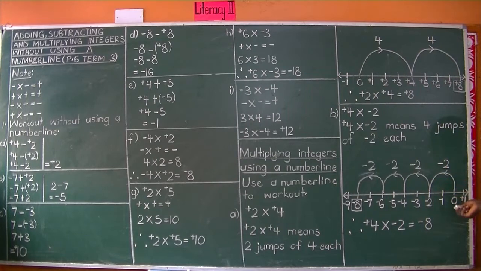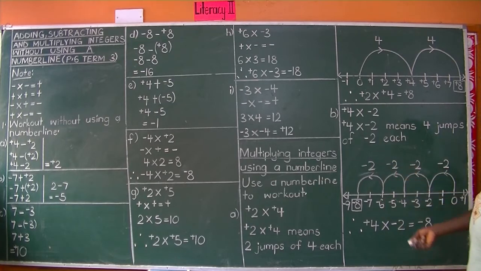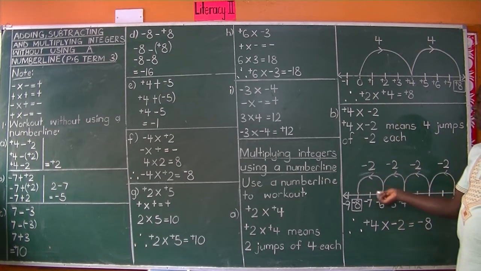Show the arrow of movement, a negative 2 arrow. Then count negative 1, negative 2. That is another negative 2 jump.